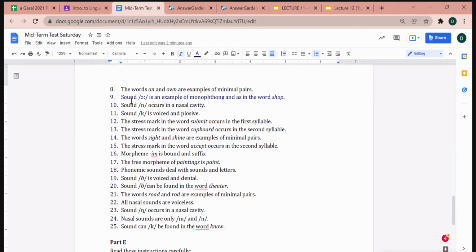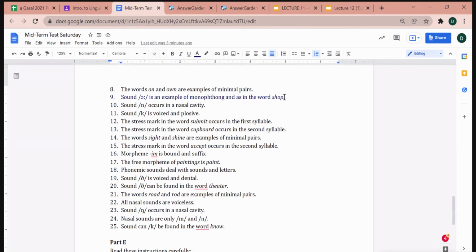If you say that long O is incorrect, then what sound is supposed to be used? Any idea? Mas Firman, how do you pronounce shop?